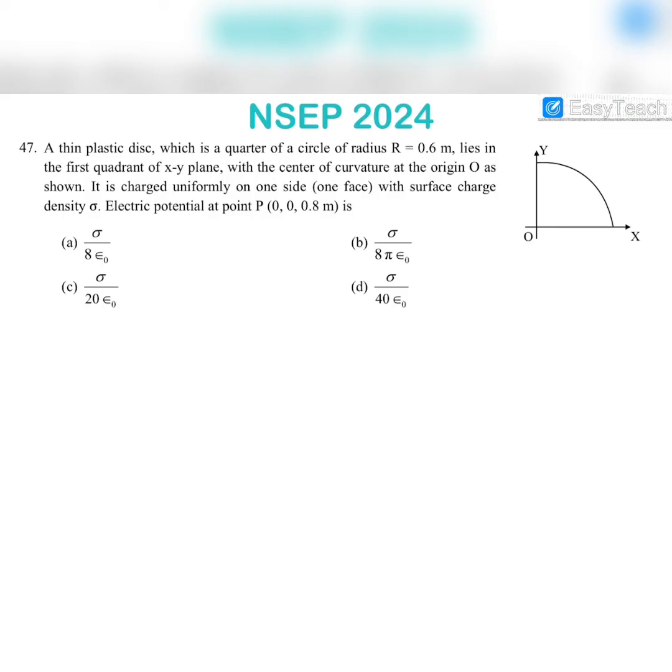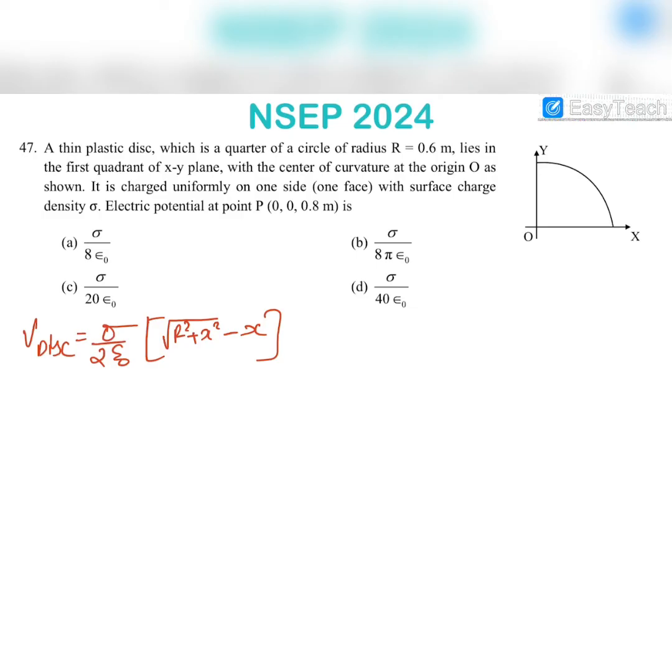So initially the front surface of this quarter disk is charged with the charge density of sigma, and we have to find out the electric potential at this point. So we know that the potential due to a disk is, let us write down here, V of disk is sigma by 2 epsilon naught times under root of r square plus x square minus x. This is the potential of disk.